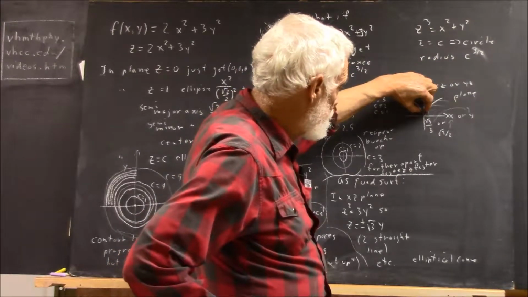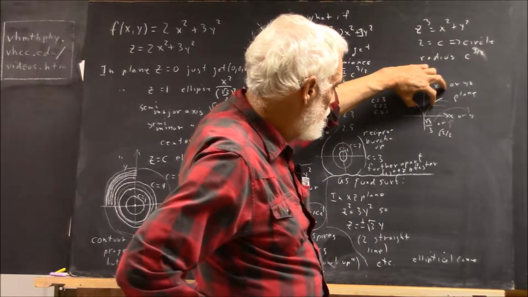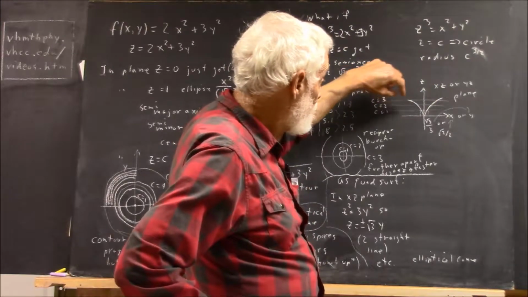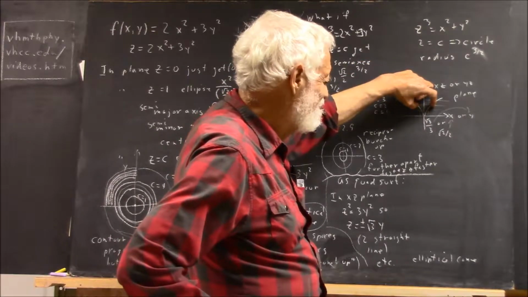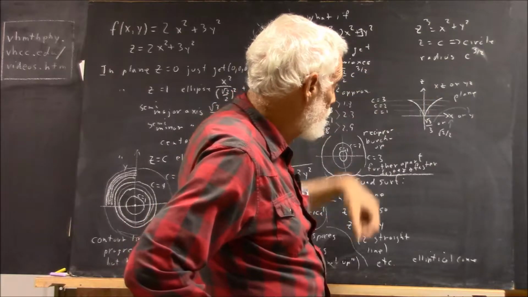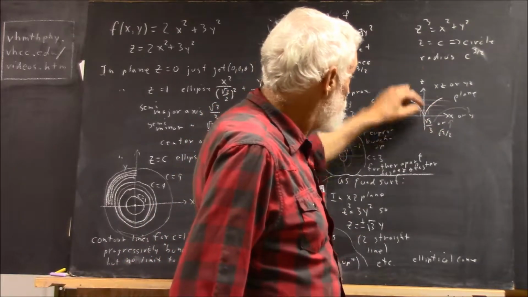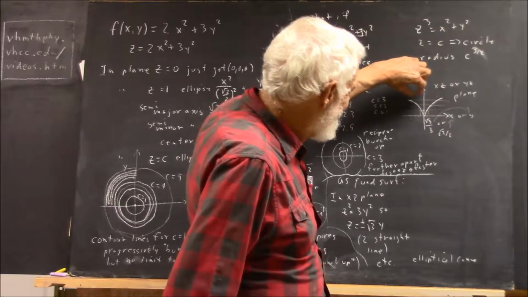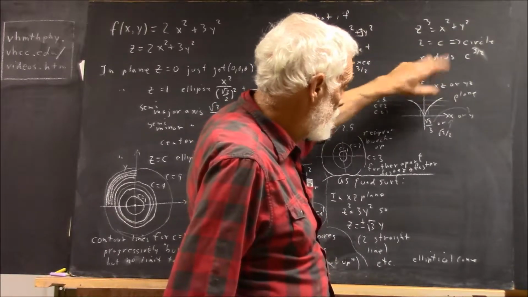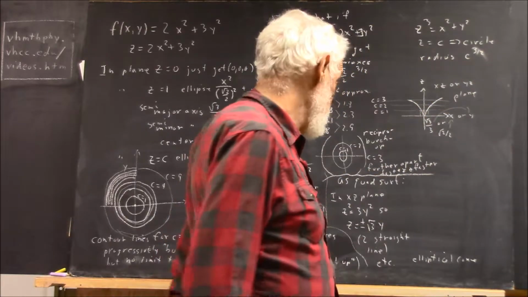Okay, if this is your semi-axis for c equals 1, the semi-axis grows by the time you get to c equals 2, and more than doubles, and then the difference in the semi-axis from c equals 2 to c equals 3 is greater than that between c equals 1 and c equals 2, so the semi-axes are not just getting bigger, they're getting bigger faster and faster, giving you a downward concavity here.